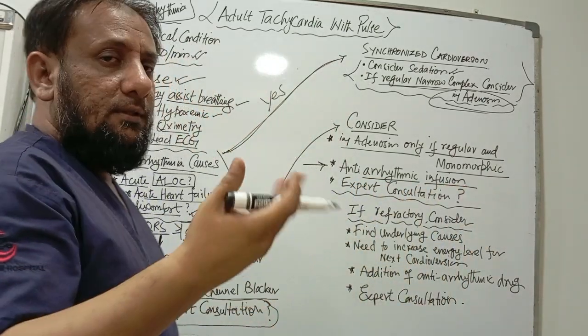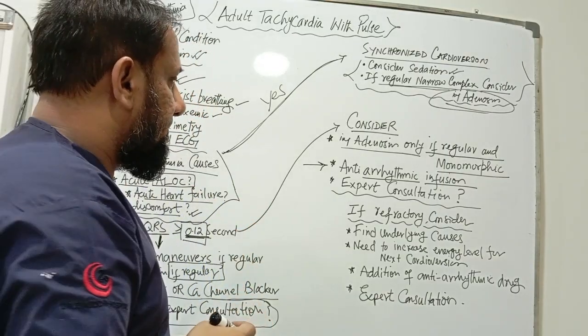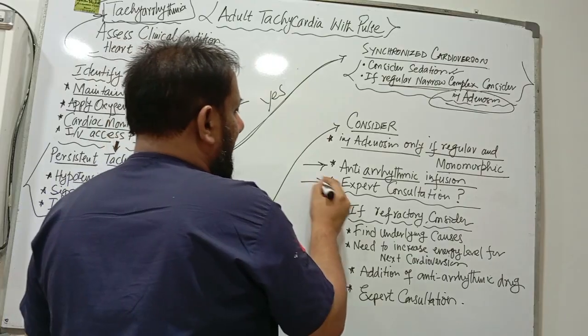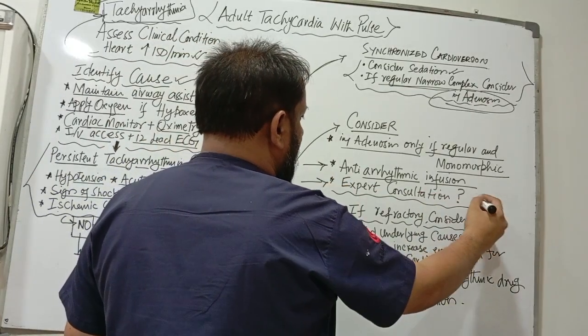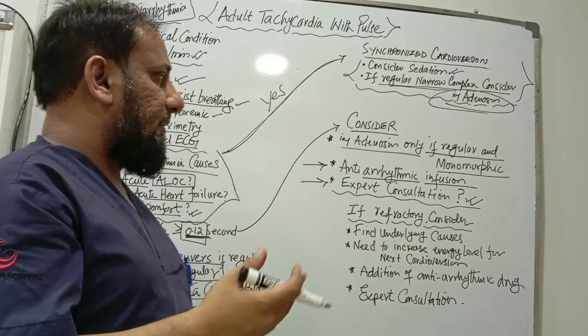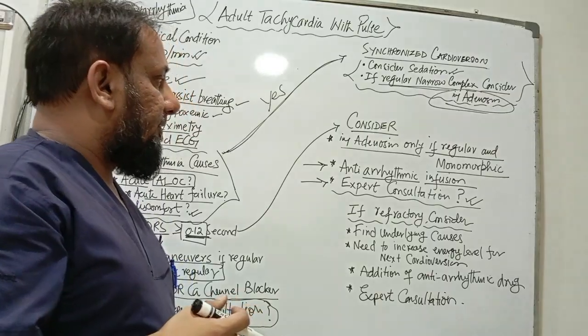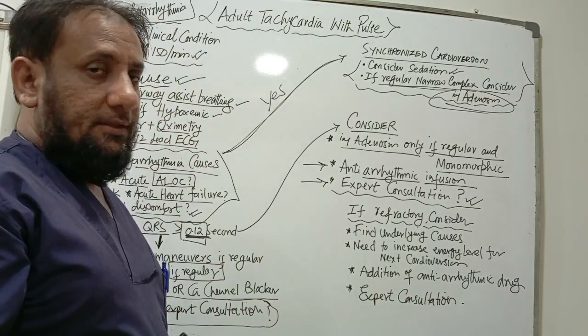The doctor can choose amiodarone, lidocaine, anyone. Then take the expert opinion, expert consultation of cardiology. If any expert person is present in your hospital, you will take the consultation.